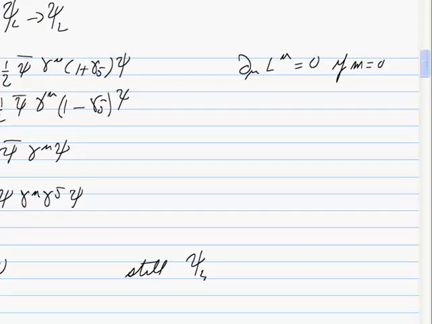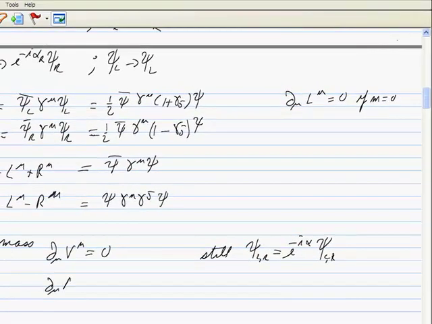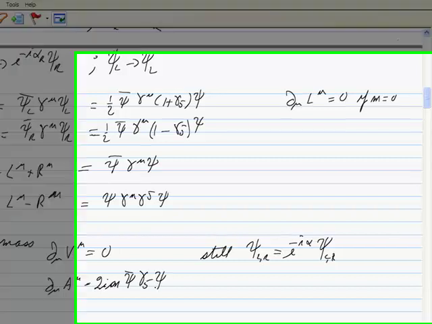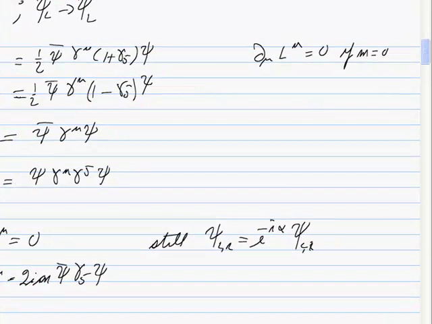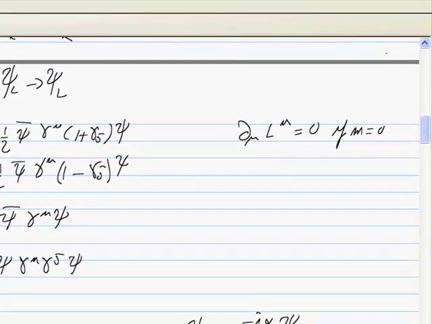Psi L and R goes to e to the i alpha psi L and R. If you do them both at the same time, they're still an invariance. But if I take d mu A mu, it turns into 2im psi bar gamma 5 psi, which you get just by doing the Dirac equation. If you want me to do it, I can do it clearly.